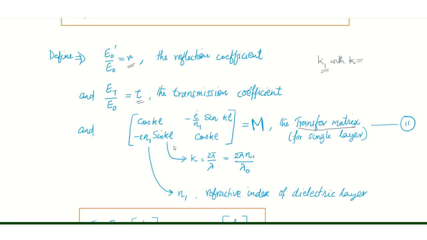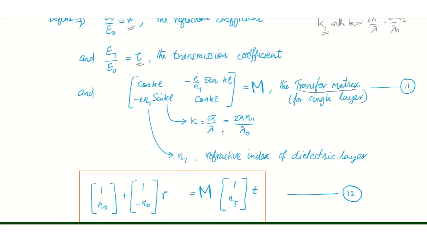This is 2 pi over lambda, or in terms of vacuum wavelength, 2 pi over lambda 0 times n1. Now, n1 is the refractive index of the dielectric layer, something that you can measure.